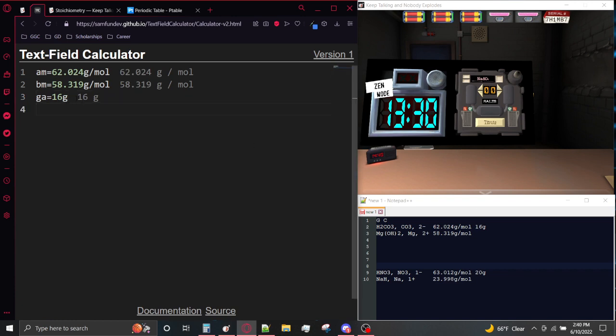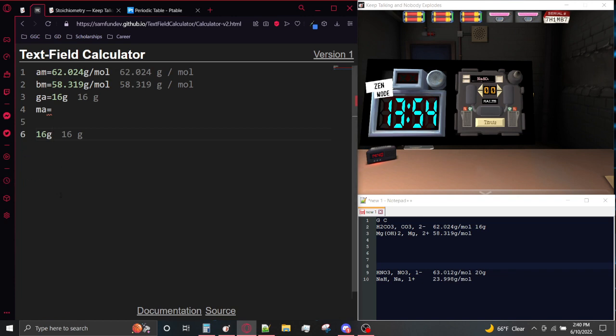We have the mass of the acid. We're going to need to convert this to the moles of the acid. So moles of acid, what we're going to do is, to get from 16 grams, we're going to divide it by the molar mass.